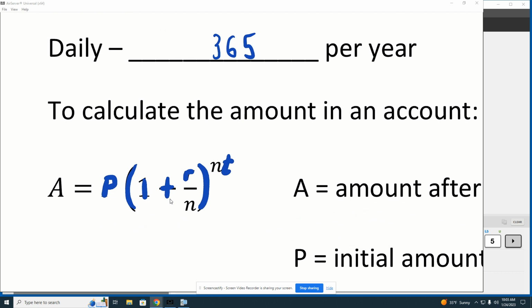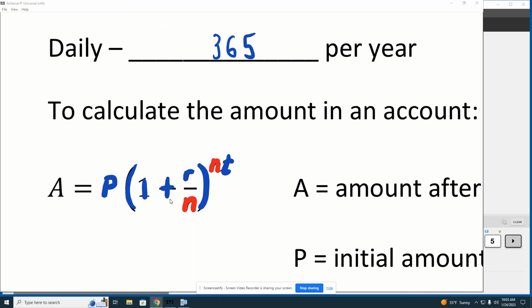It adds one thing and it adds it in 2 locations. Inside our parentheses, you divide the R by N. But then on the outside, you multiply your T by that same value of N. And N, guys, is the number of times it's compounded per year.